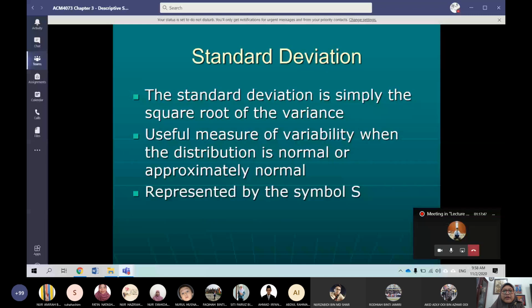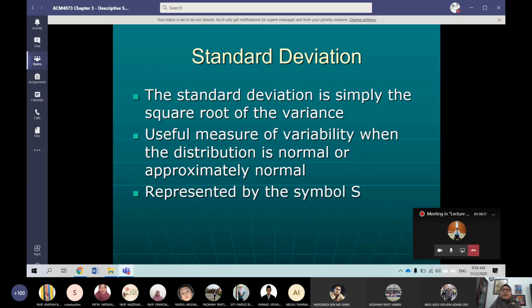S2 is the variance, but the standard deviation is simply the square root of the variance. In Malay, it is punca kuasa 2. Simply the square root of the variance. It is a useful measure of variability when the distribution is normal or approximately normal.